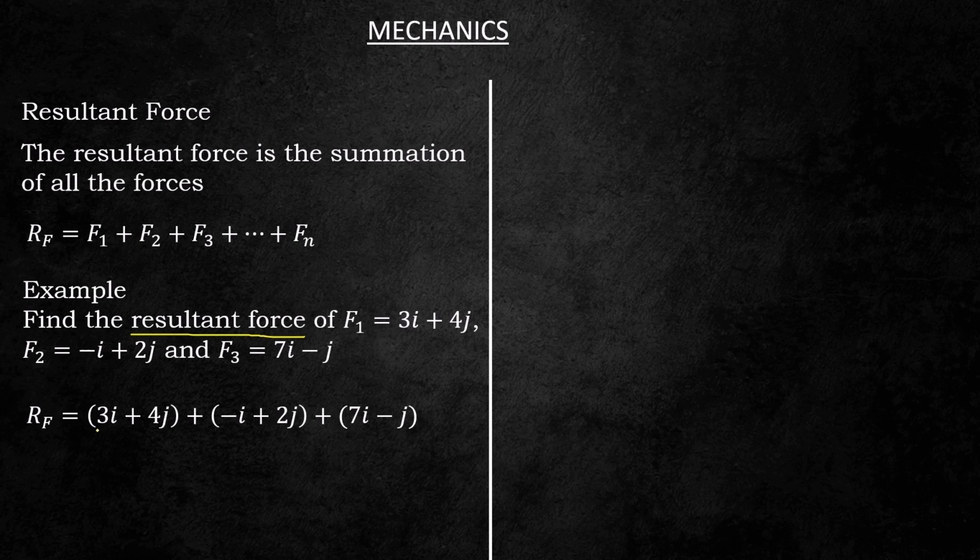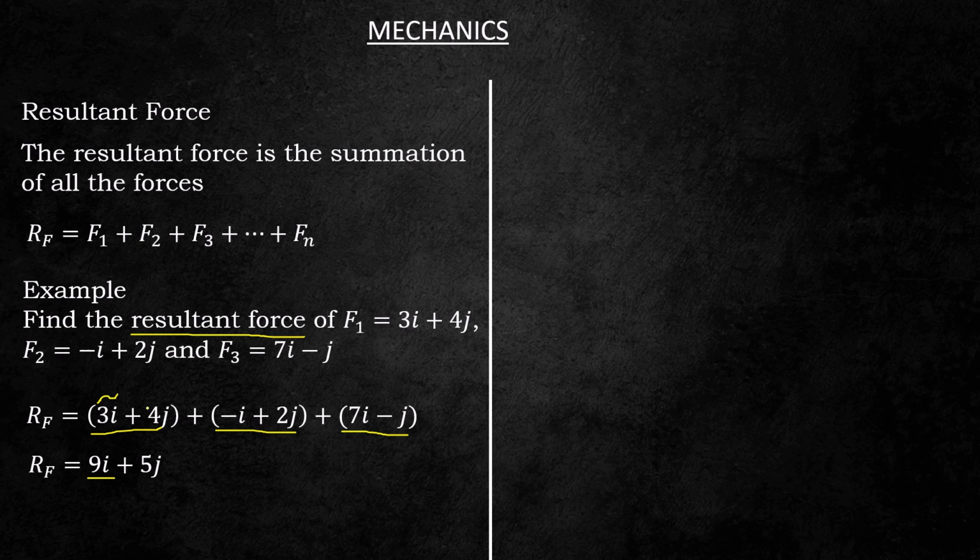So the resultant force is going to be force 1, which is 3i plus 4j, force 2, that is negative i plus 2j, force 3, that is 7i minus j. To add these forces, we add according to components. So we add the i component, then we add the j component. If I do 3i plus negative i plus 7i, I'm going to get 9i.